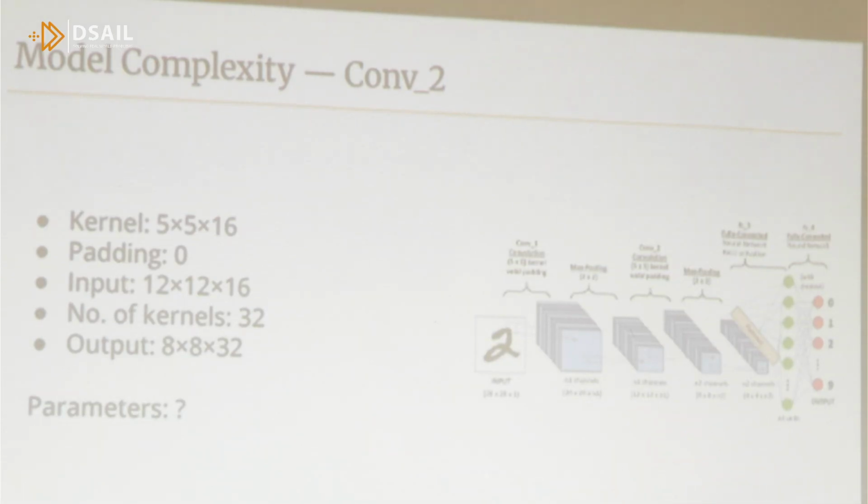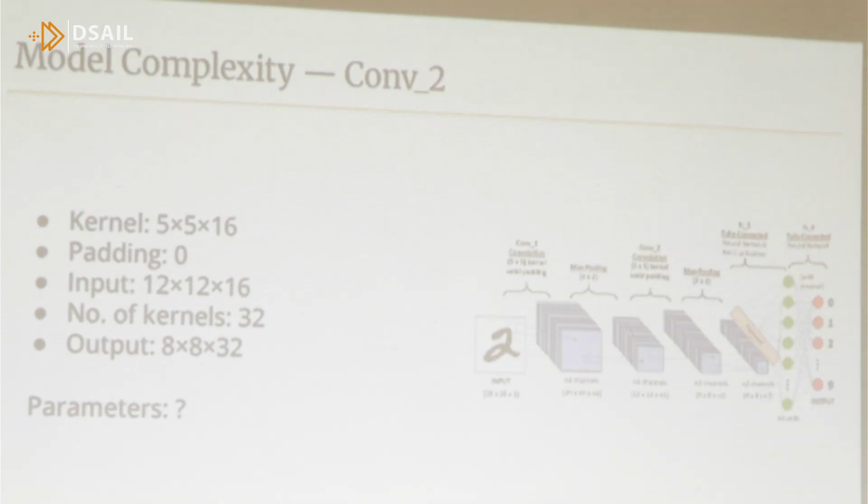Now the question is, how many parameters do we have? What are the parameters of a single kernel here? 5 by 5 by 16 plus 1. What is the number there? Do the math. 401, exactly. 25 times 16, or 100 times 4, and then plus 1.